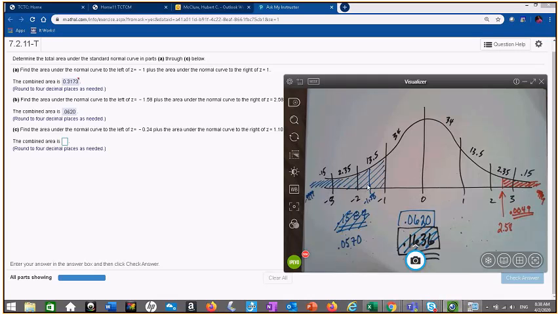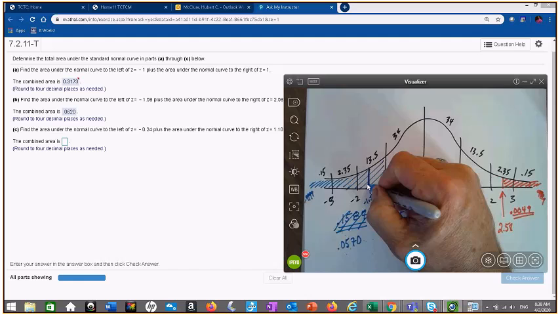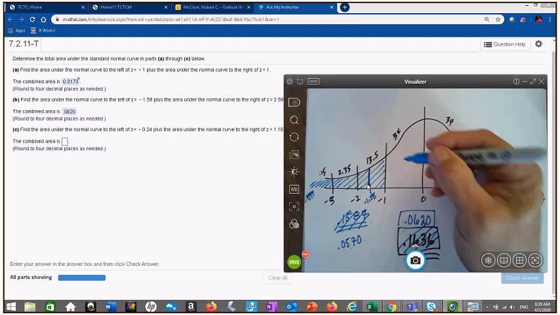So I've made the change right here. There's the 1.58. I thought it said -1.